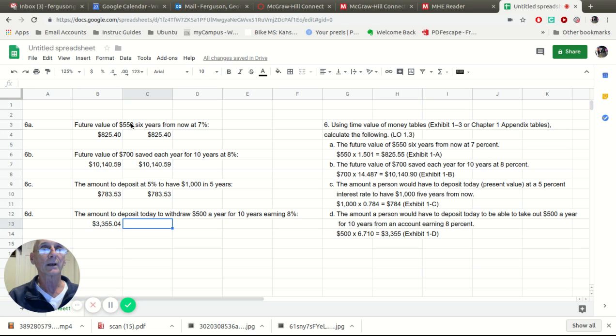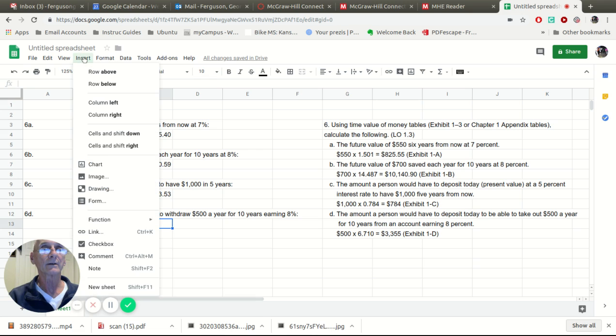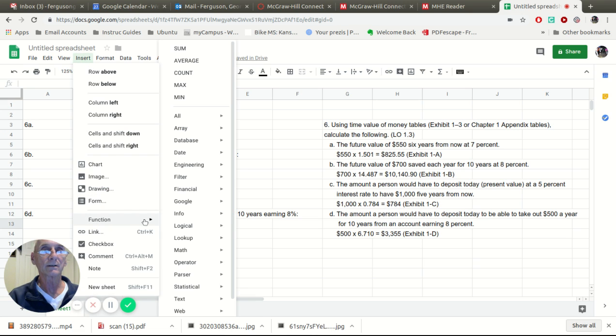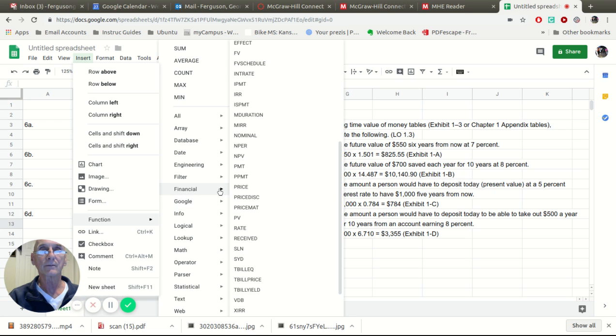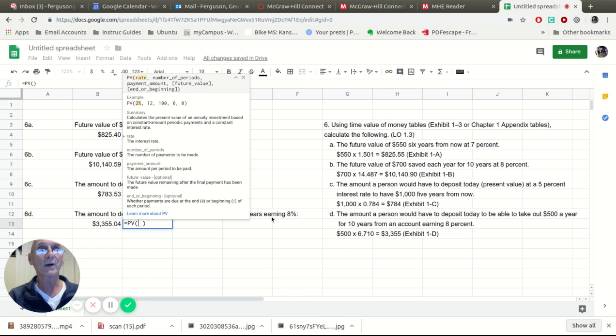So I'm going to go up and Insert, Function, financial, present value. Again, it's going to prompt me. So the rate is going to be 8%, comma. How many periods? We're talking 10 years, comma.